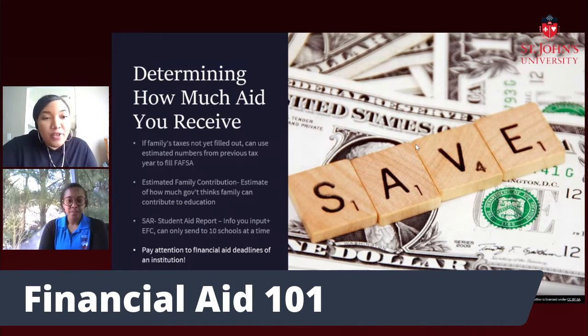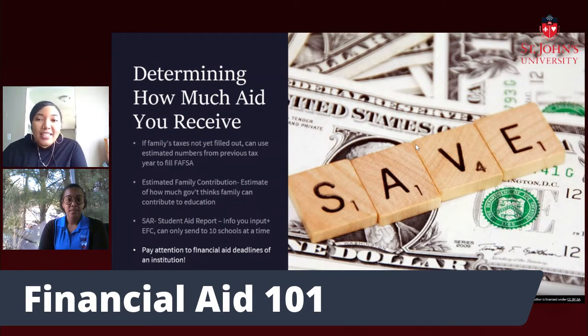Once you have your estimated family contribution plus the info you input into the FAFSA application, it generates something called a SAR, or Student Aid Report. This gets sent to up to 10 schools at a time.